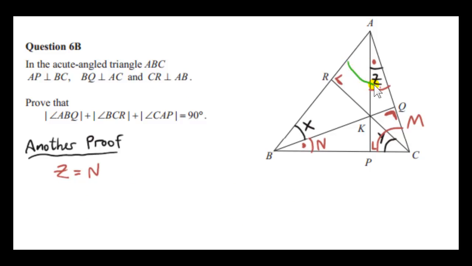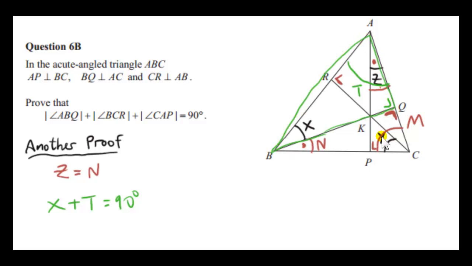Now see that this angle here in green is common to triangle BQA and right angle triangle CRA. So we can use that fact. We can say X plus this green angle, let's call it T, X plus T must equal 90 degrees because we're looking at this right angle triangle here.